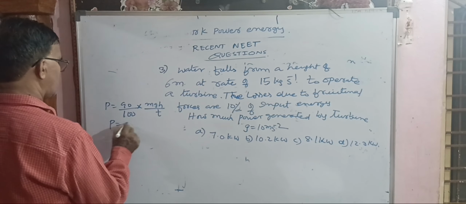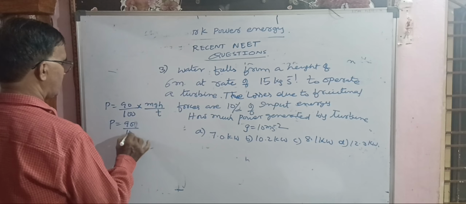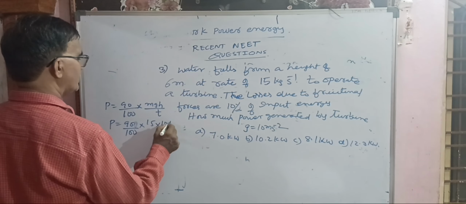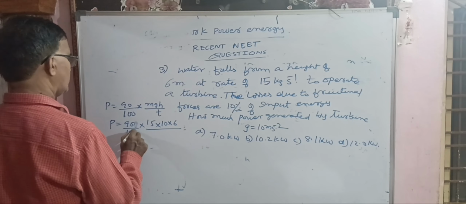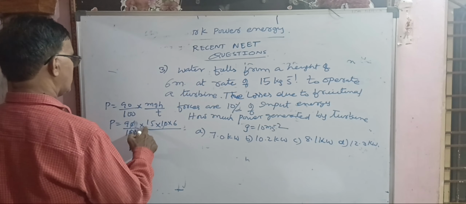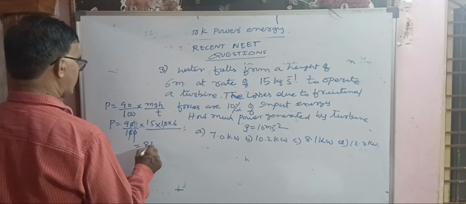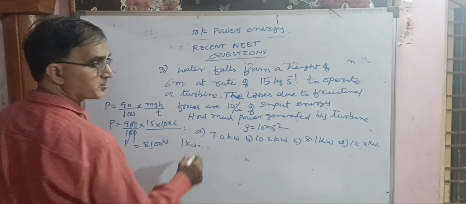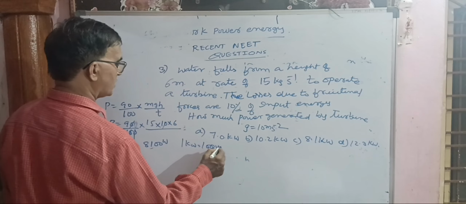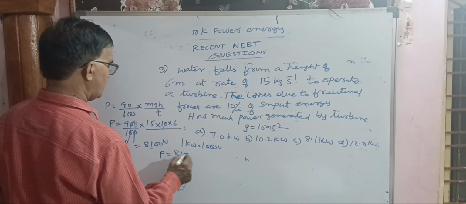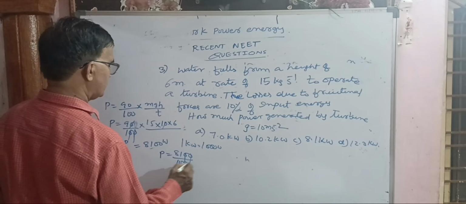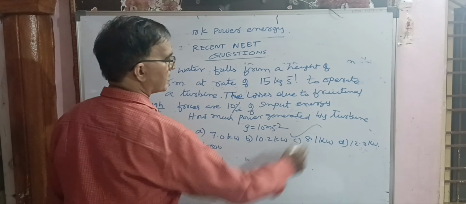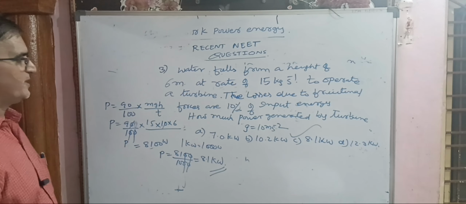Mass given is 15 kg per second, g is 10, height 60 meters. Cancelling, we get 8100 watts. 1 kilowatt is equal to 1000 watts. Divide this: power is equal to 8100 by 1000, which is 8.1 kilowatts. This is the answer. 8.1 kilowatts is the answer.